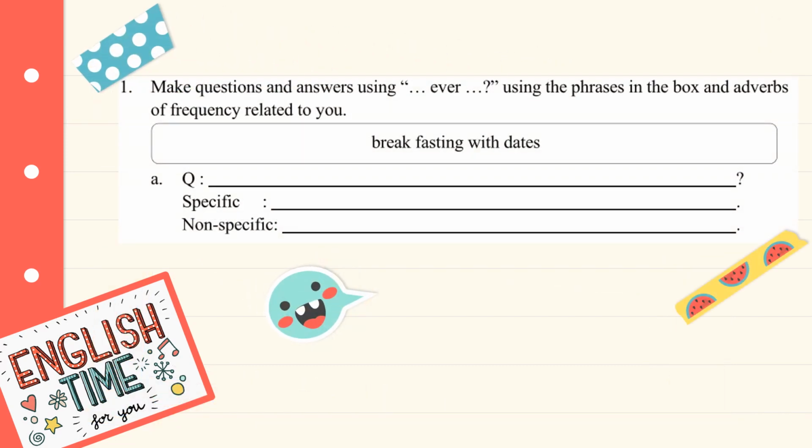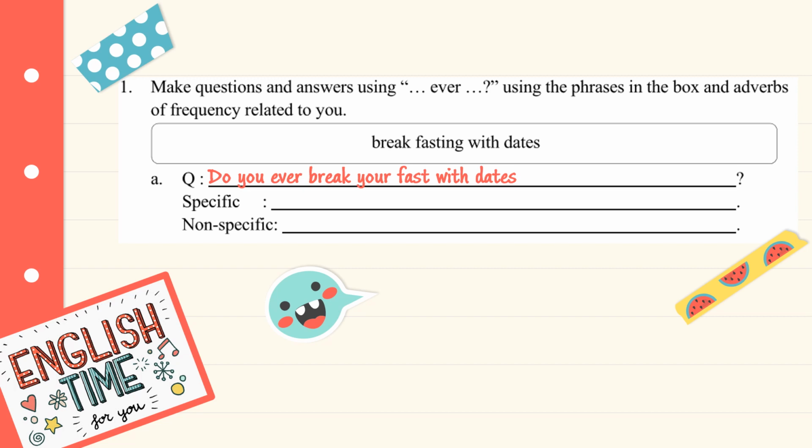Okay, now it's time to answer the questions. Number 1, make questions and answers using ever with the phrases in the box and adverbs of frequency related to you. So the answer is based on your experiences. Okay? Now, what is the question?